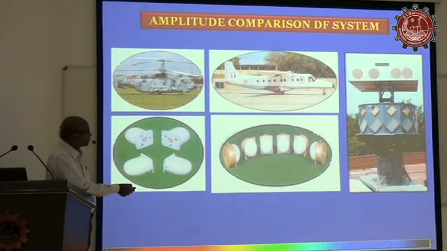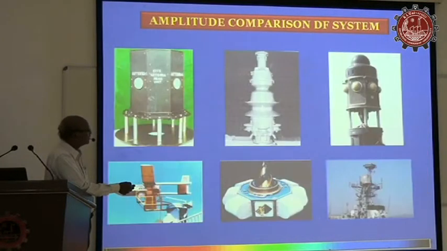This is using constant beamwidth horns, 6 to 8 and 2 to 6. This narrowband DF we have successfully implemented. Now it is going for production. These are the various types. This is a 4 antenna DF implemented on the Chetak helicopter. This is on a Dornier aircraft, 6 antenna ADF. This is a 12 element ADF for shipboard.